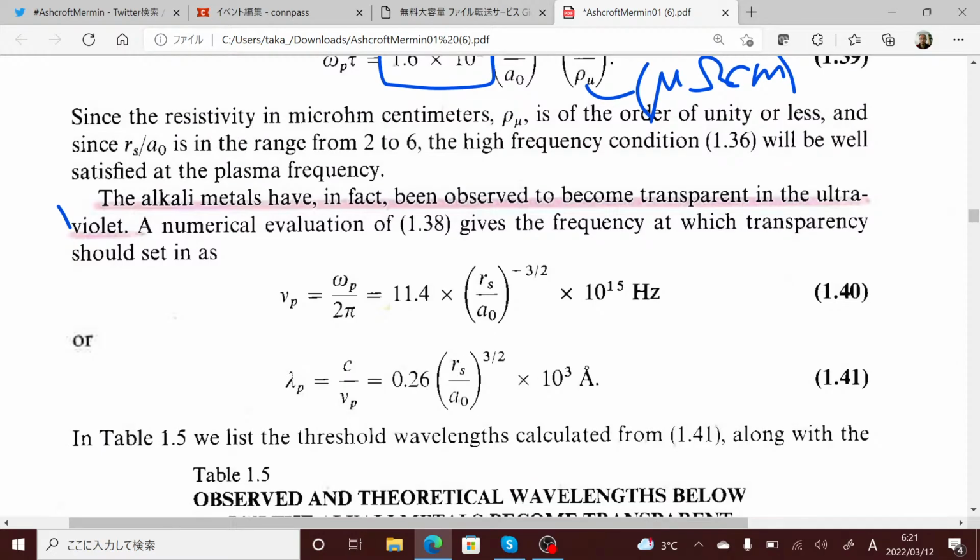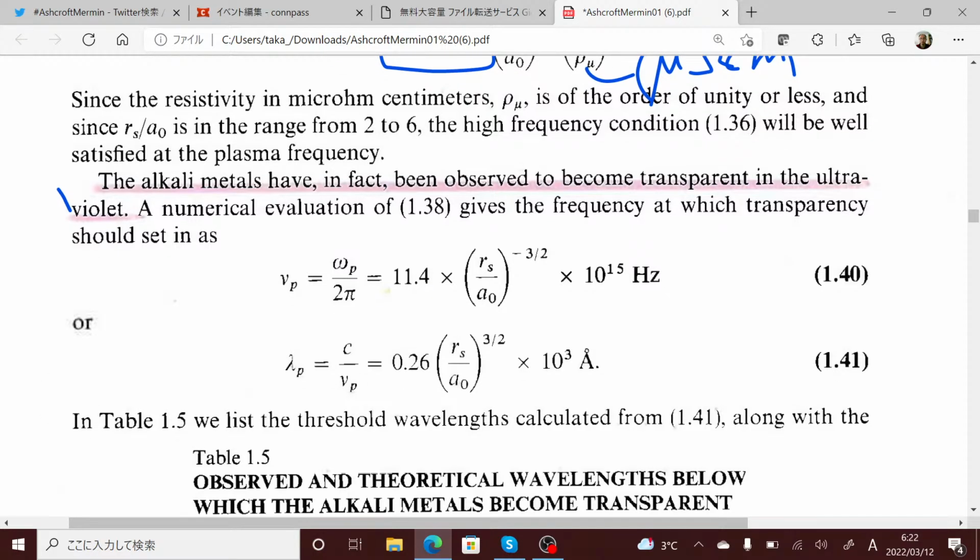nu p equals omega p divided by 2 pi equals 11.4 times Rs divided by a0 to the power of minus 3 halves times 10 to the 15 hertz, or lambda p equals c over nu p equals 0.25 times Rs divided by a0 to the power 3 halves times 1000 angstrom.